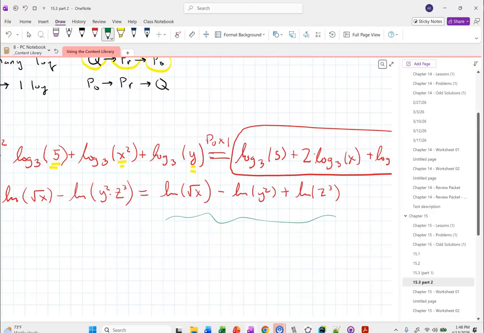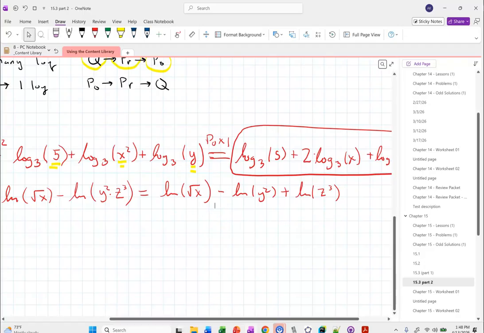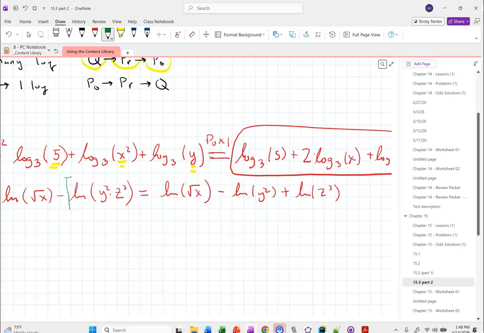Well, the subtraction is from the quotient property, right? So that subtraction is that subtraction. Yeah, so Gabby's got it. So here's what's going on. This logarithm, the entire thing is negative, correct? Because there's a subtraction symbol in front of it.